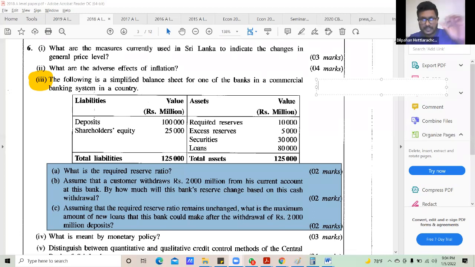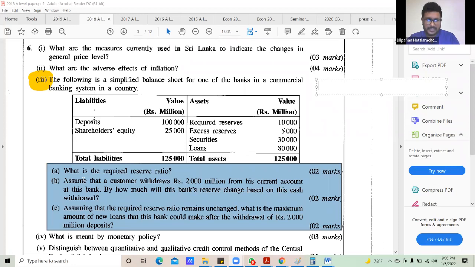Both of these added together we can call reserves, but two different names, required reserves and excess reserves. We'll talk about it later. Securities represent the treasury bills, treasury bonds, and other securities they have purchased as an asset. Loans, that's also an asset.